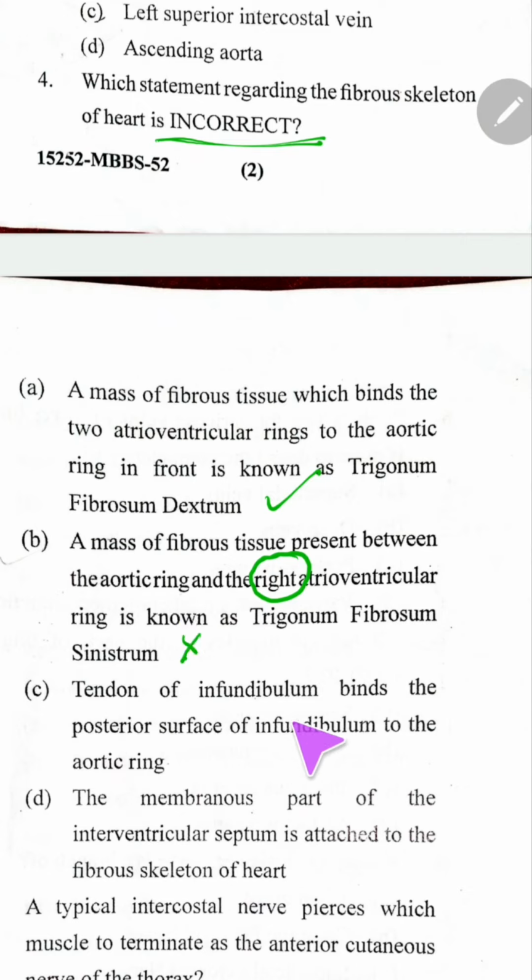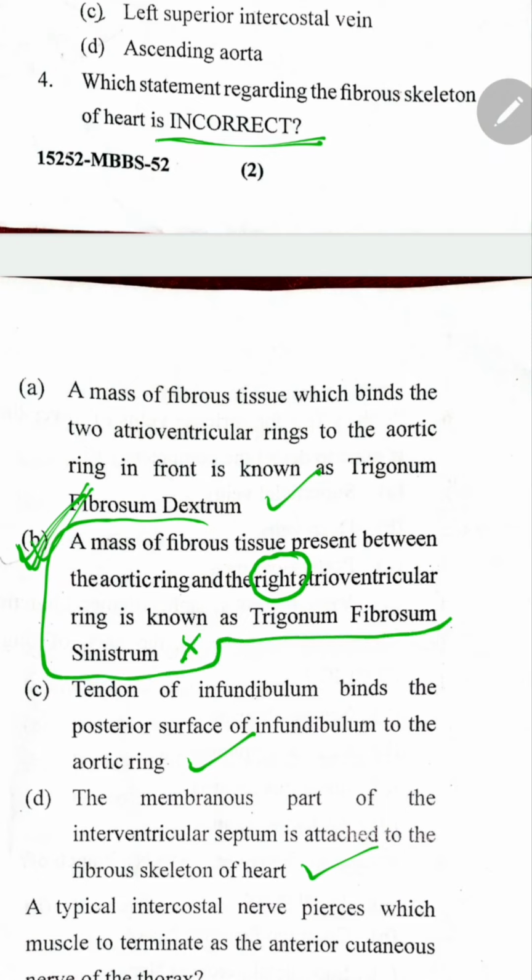Now, the tendon of the infundibulum binds the posterior surface of the infundibulum to the aortic ring. I told you this is the correct choice. Then the membranous part of the interventricular septum is attached to the fibrous skeleton. I told you this is also correct. So, because they have asked for the incorrect choice, the answer will be B. So your fourth question answer is B.